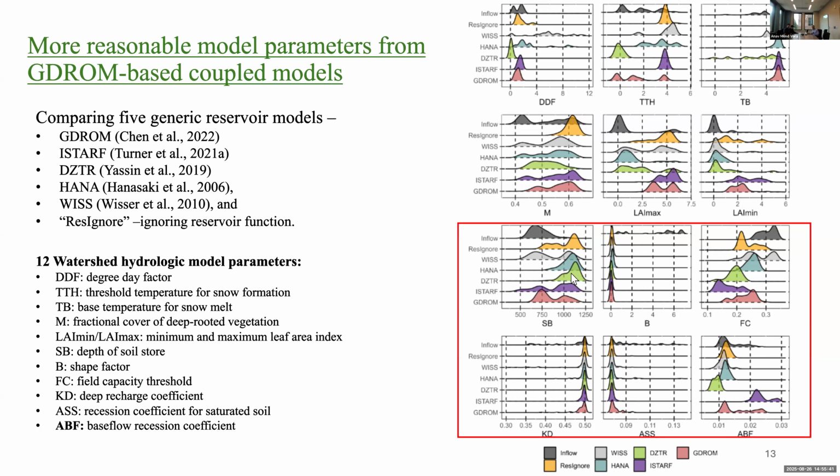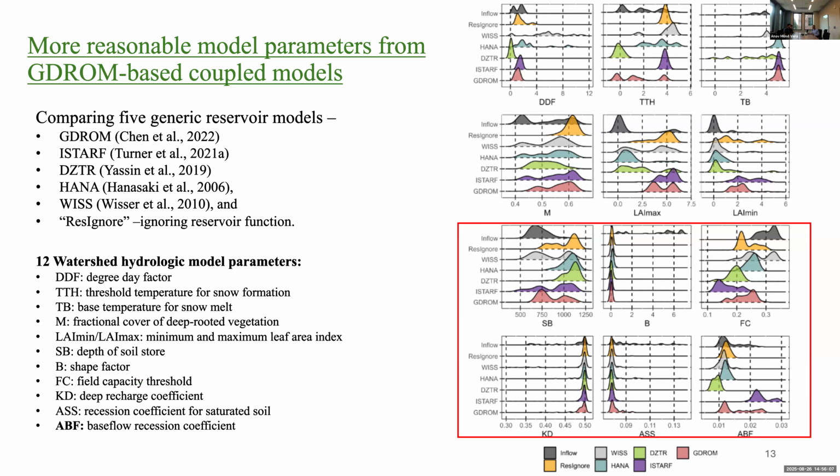Now let's look closely at how GDROM does and how the other reservoir operations do. On the top, we have the so-called inflow. This one shows the parameters calibrated, estimated from the watershed part without any reservoir interference.